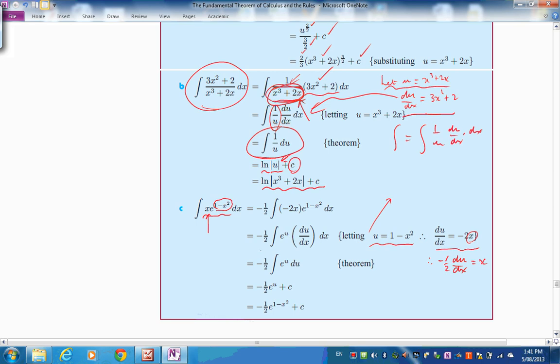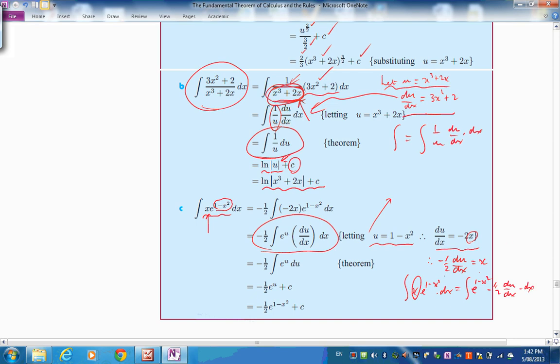And then you get this. I think they've skipped a couple of steps here. So I would put my integral down: the integral of x e to the 1 take x squared dx is equal to the integral of e to the 1 take x squared. Now what's x? It's neg a half du by dx, with respect to x.